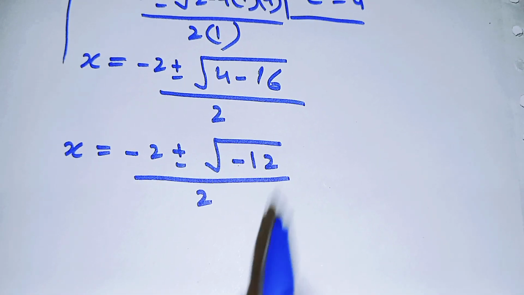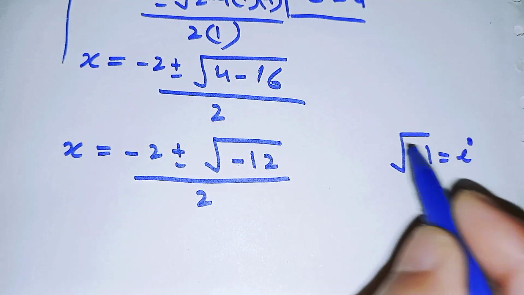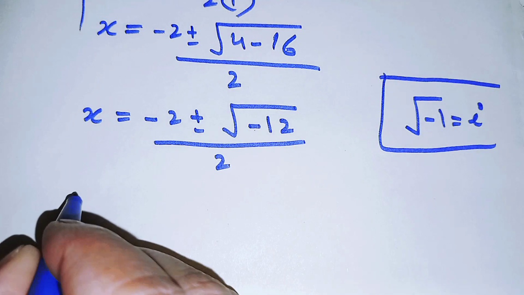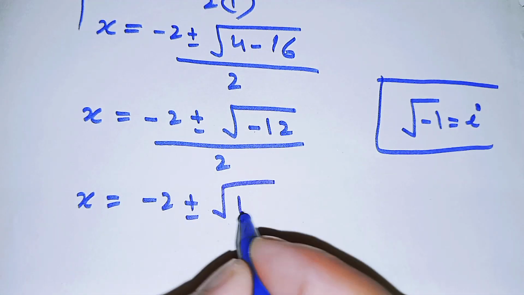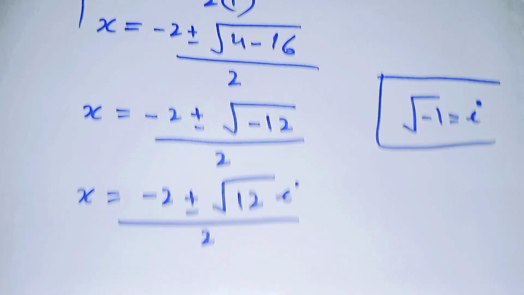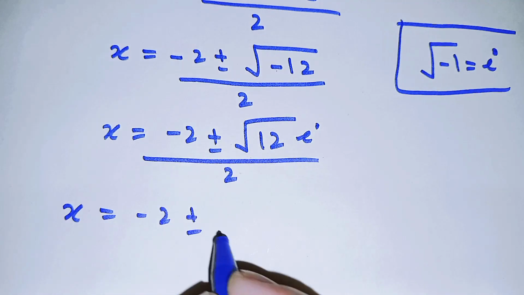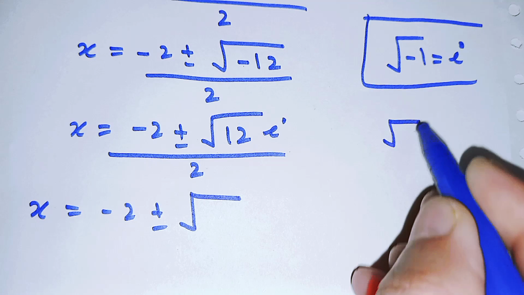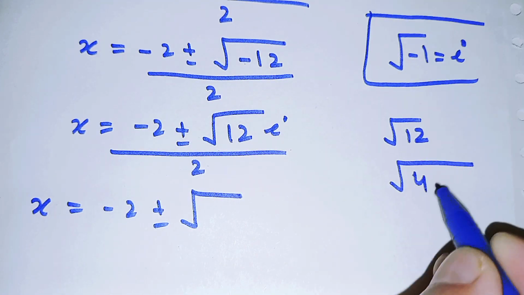And now the square root of minus 1 is equal to i, so we put i in this equation: x is equal to minus 2 plus or minus the square root of 12 times i, over 2. Now the square root of 12 is the square root of 4 times 3.